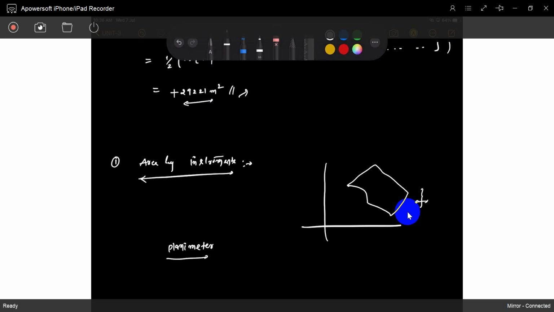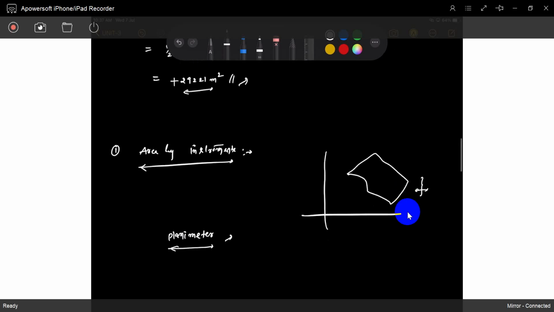So what is the planimeter? We discussed it. If you don't remember, please check. We discussed that the planimeter is an advanced piece of equipment, how it is useful, how we use it to calculate the area. We already discussed it, and I showed one video also.